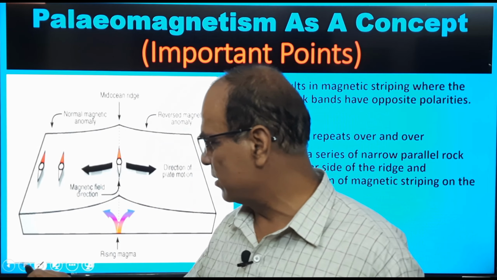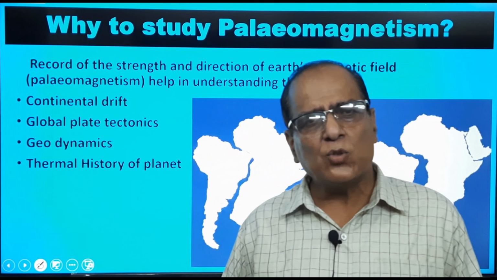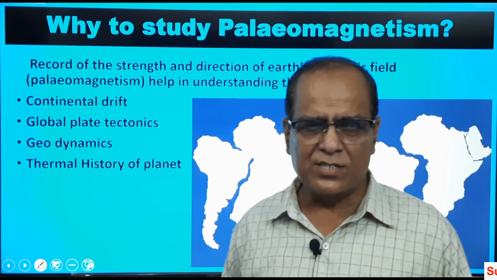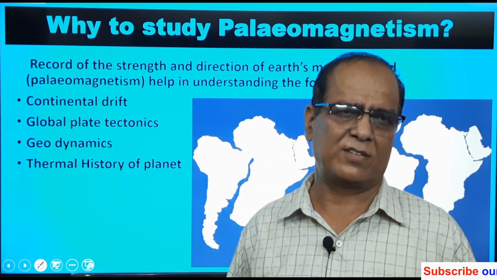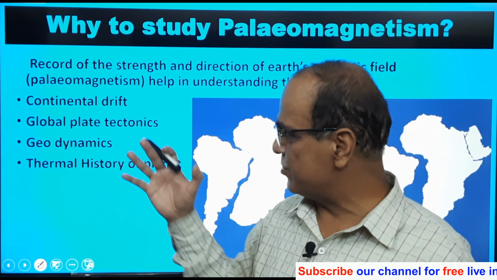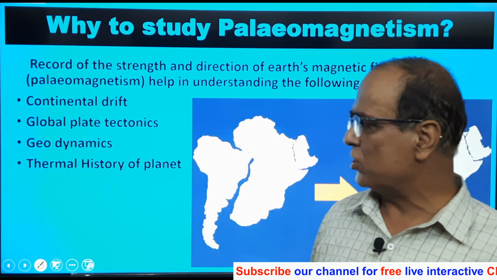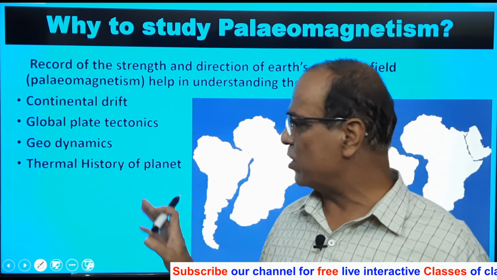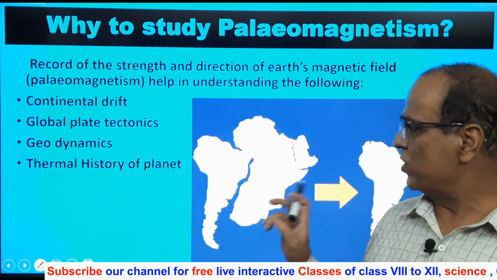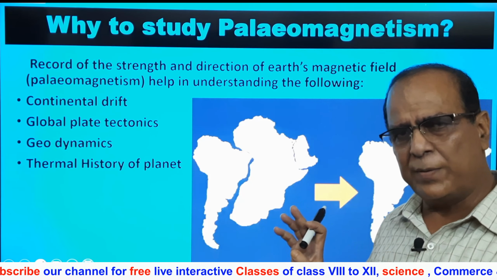Now the next, let's see, why should we study paleomagnetism? We study it because it sheds light on many things, like we can understand continental drift, global plate tectonics, geodynamics, and the thermal history of the planet. In a nutshell, here we are finding two figures.